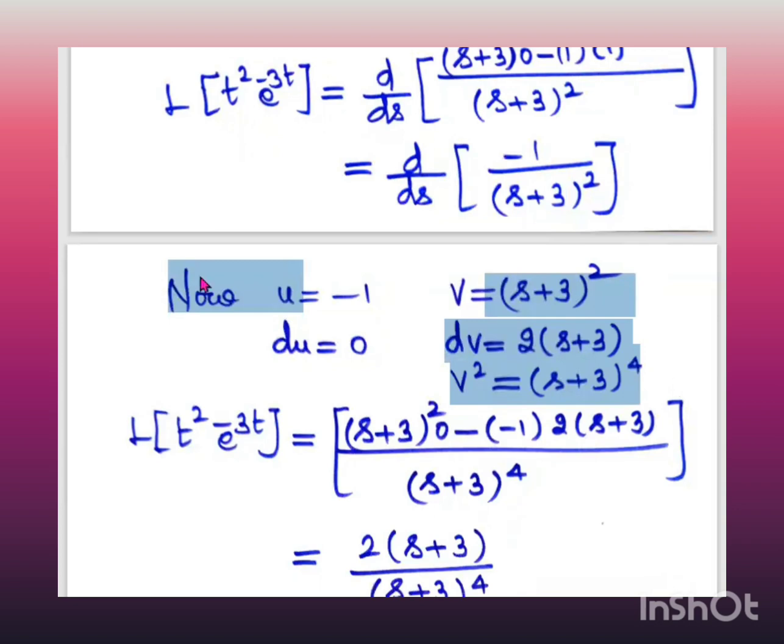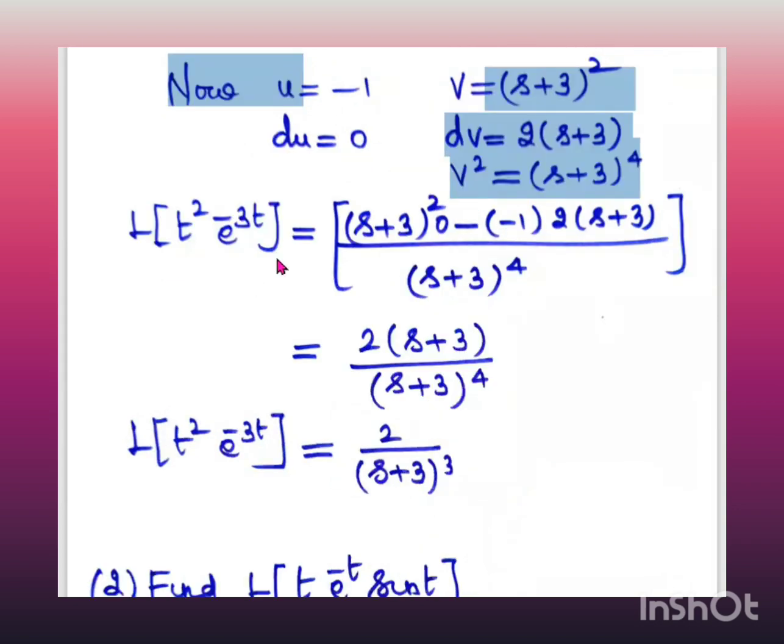So L of t square into e power minus 3t: v du, v is s plus 3 whole square into du is 0, minus of minus 1 into, because u dv, u is minus 1, dv is 2 into s plus 3. So my first term will vanish, will be 0. Minus of minus 1 will be plus 1. So 2 into s plus 3 divided by s plus 3 power 4.